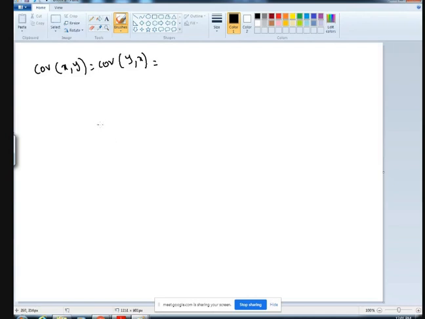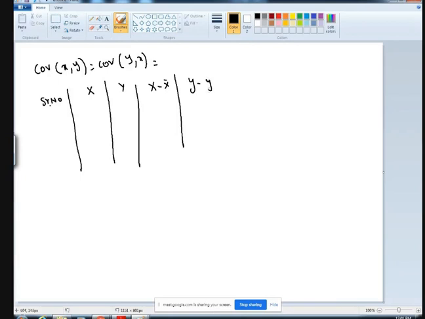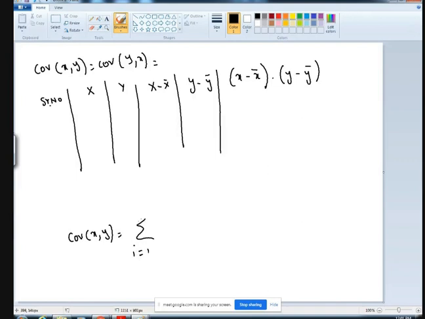What we need in this case is which serial number you're working on, which x you're working on, which y you're working on, then x minus x bar, y minus y bar, and then the product of x minus x bar and y minus y bar. All these columns will be needed as per the formula, because the formula says covariance of x comma y is equal to summation i equals 1 to n of xi minus x bar times yi minus y bar, divided by n minus 1.